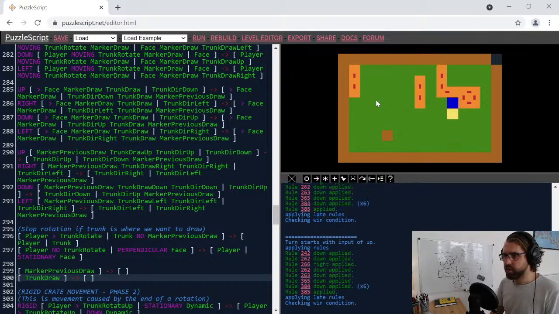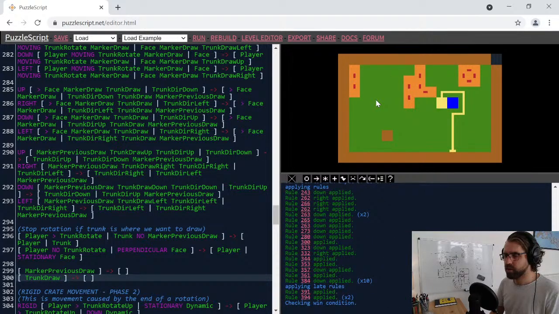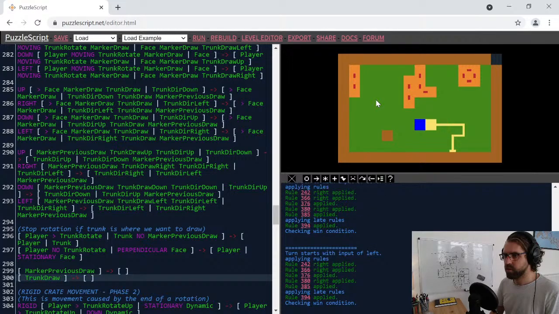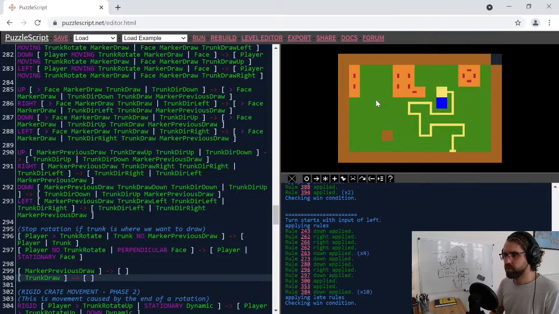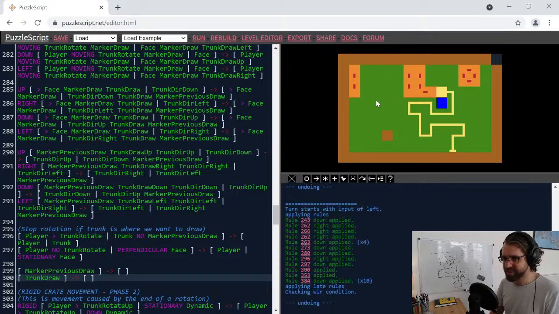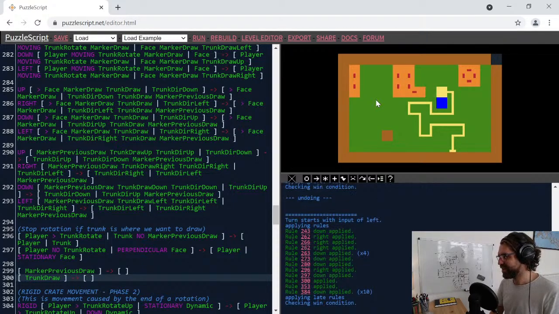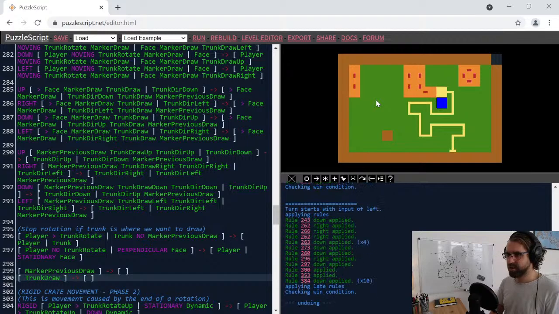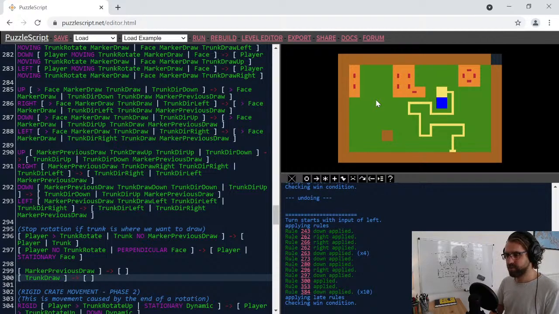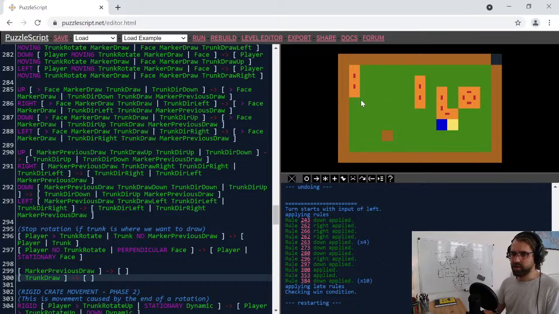Keep doing that move, that's not allowed. Cool, and it still nudges that, that's perfect. Exactly how it should work. Neat, okay.